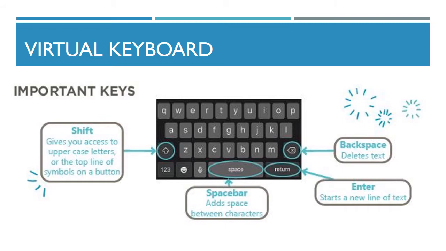Backspace, represented by a backwards pointing arrow with an X inside, deletes the text. The space bar will add space between characters, and the Enter or Return key will start a new line or paragraph.